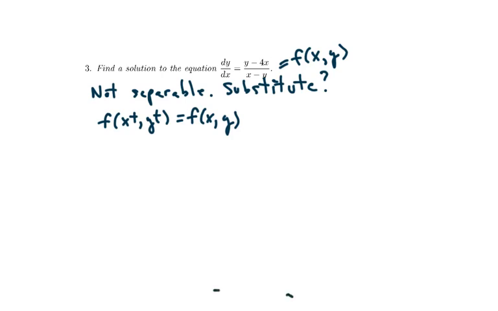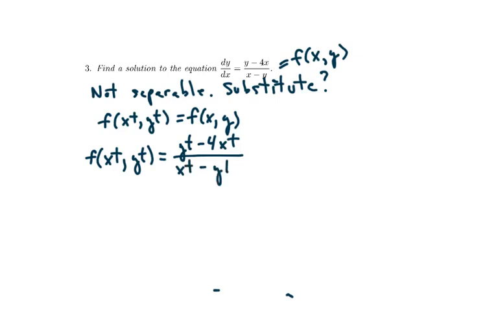So when I substitute in, I'm going to get the following: f of xt, yt equals yt for y minus 4xt for x, divided by xt for x minus yt for y.